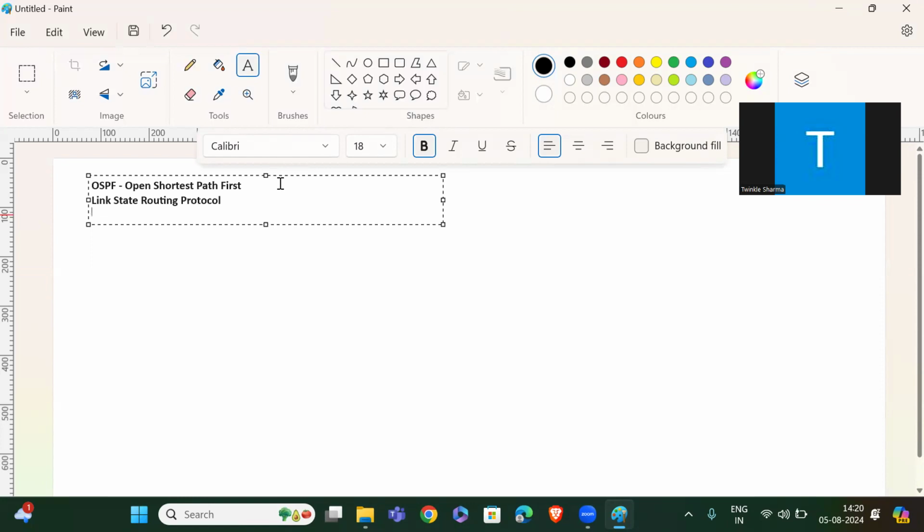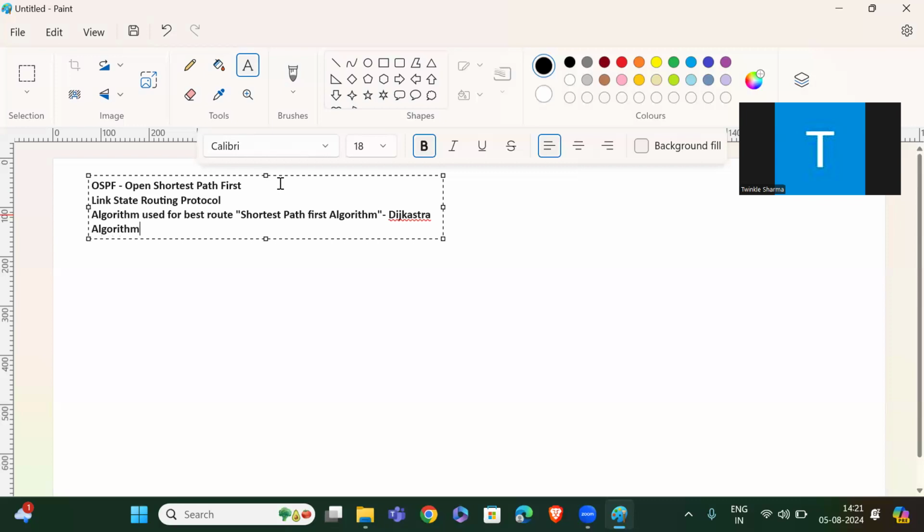The algorithm used for the best route is the shortest path first algorithm, which is the Dijkstra algorithm.